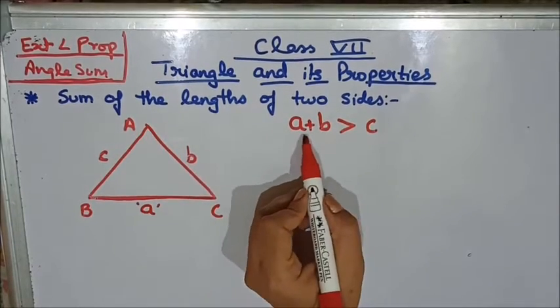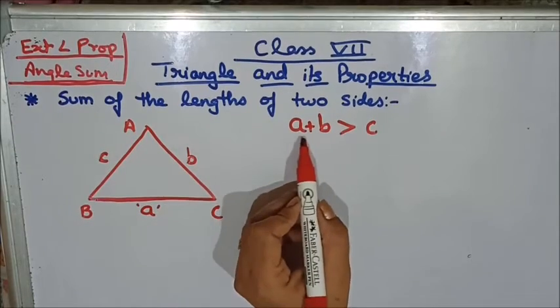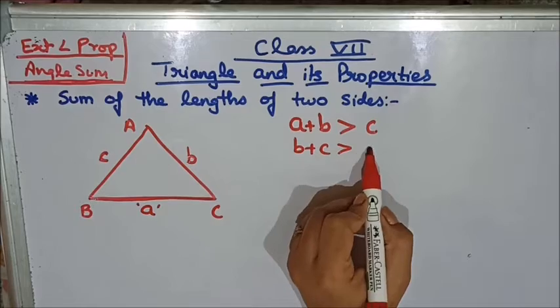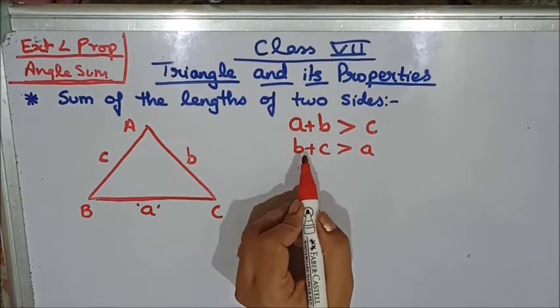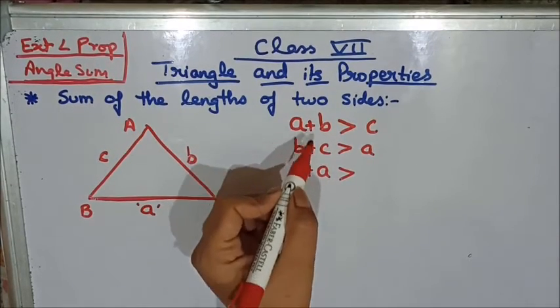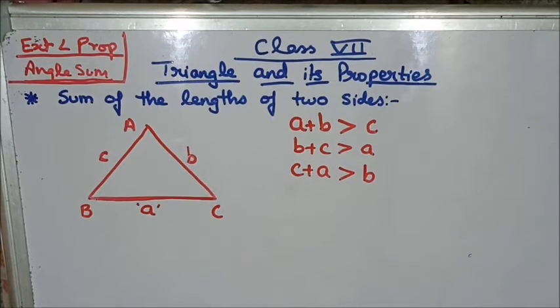That means the sum of any two sides. You can take any two sides. If you add two sides, the sum will always be greater than the third side. There are three sides in a triangle. So if you take any two sides, their sum will always be greater than the third side. Now why is it so?